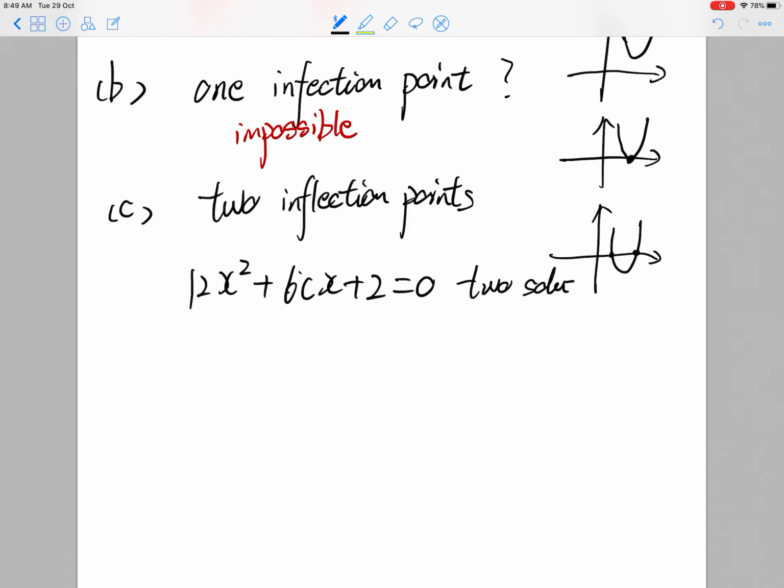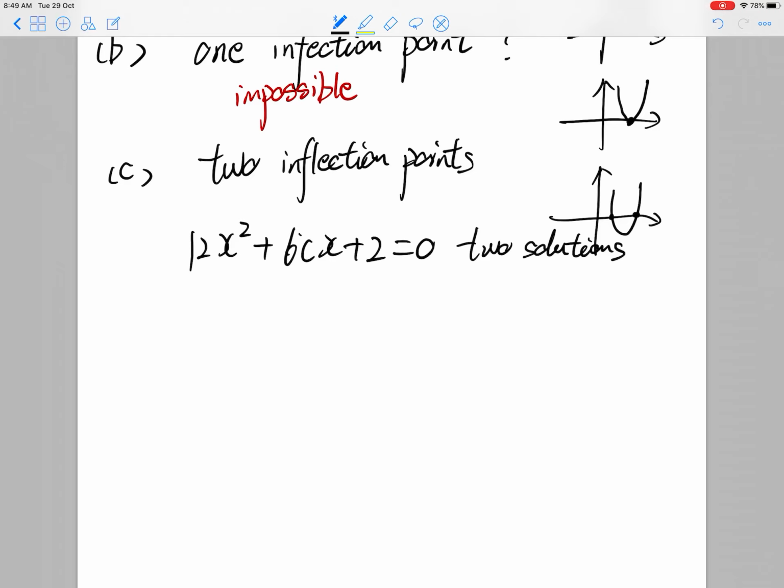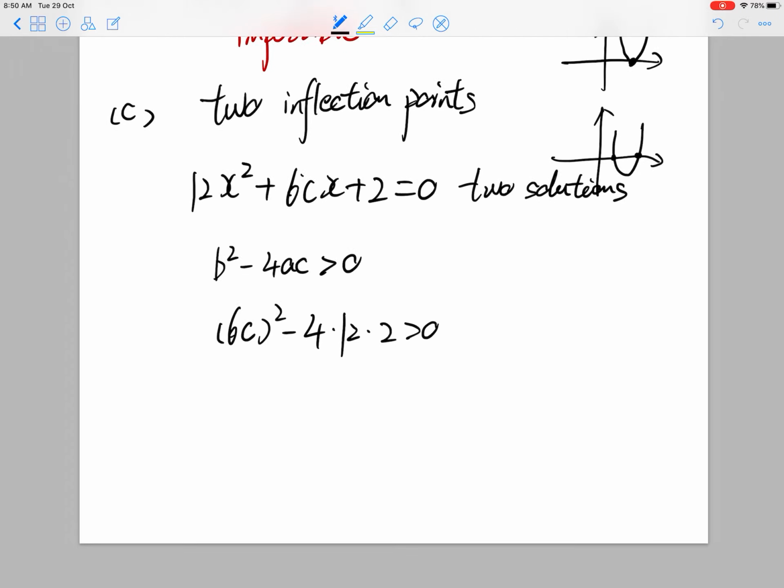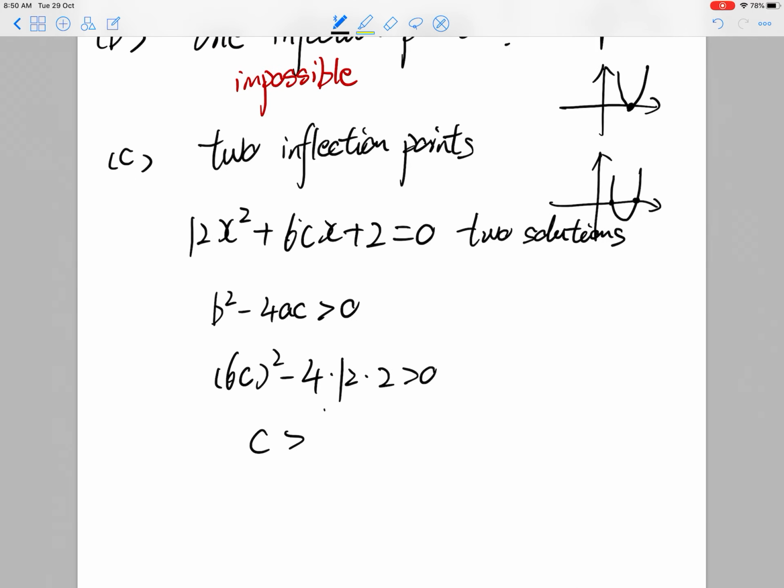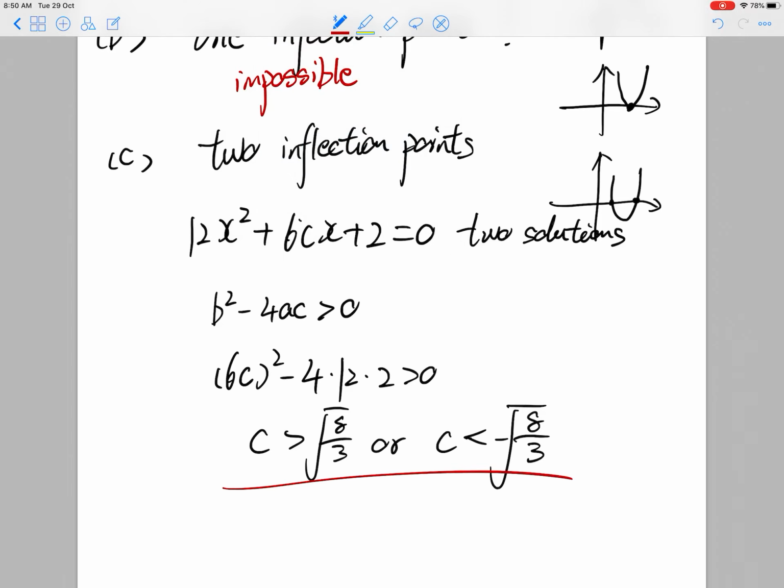Which means your b squared minus 4ac should be greater than 0. So 6c squared minus 4 times 12 times 2 should be greater than 0, which means c is greater than square root of 8 over 3, or c is smaller than negative square root of 8 over 3. Okay, and this is your answer for part 3.